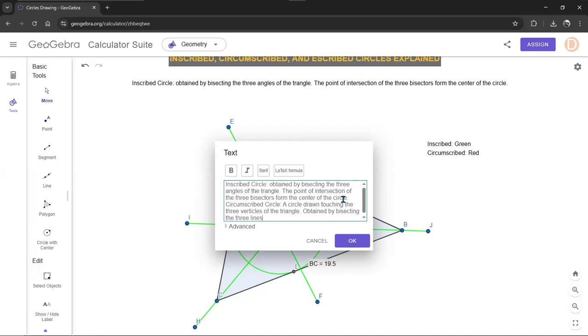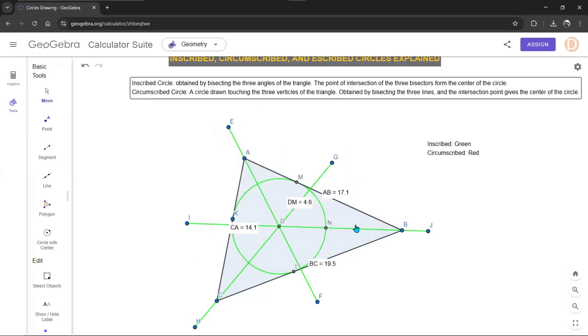You notice that in the inscribed circle, we are bisecting angles. But now for the circumscribed circle, we're going to be bisecting the three lines. And then the intersection point gives the center of the circle. As I said before, you can either choose to have 2 points or 3 points because they'll give you the same thing.